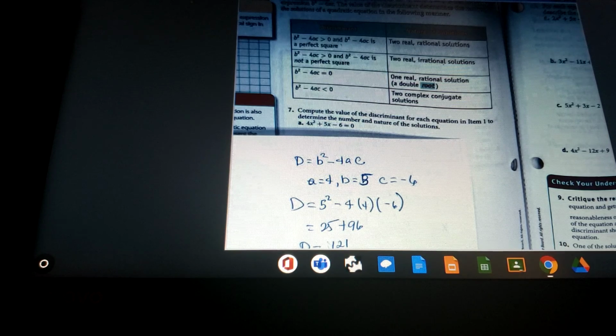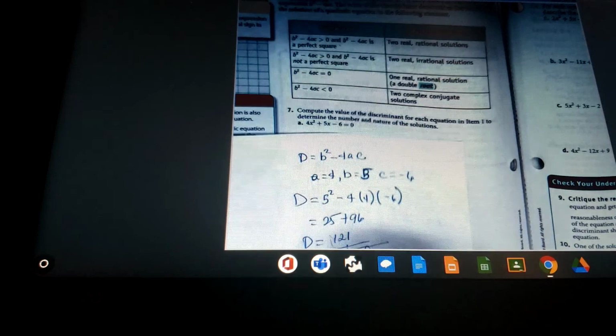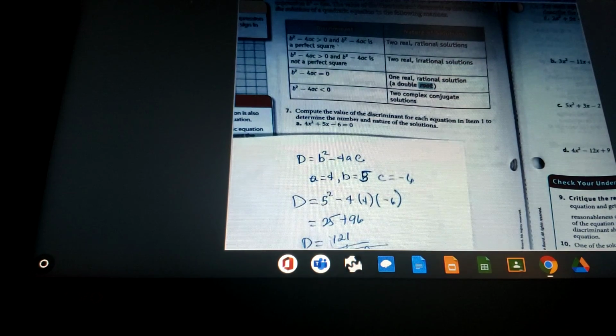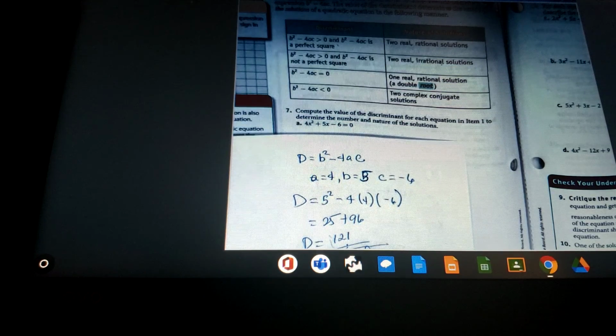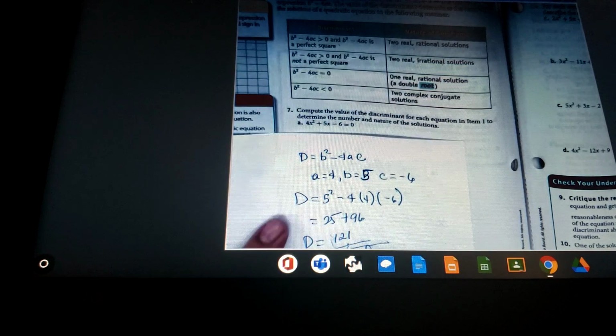How many answers do we have? 2, right? 2 plus minus 11. So 2 solutions do we have? Because if we use the quadratic formula, we find the square root of this number, yes, in the quadratic formula.